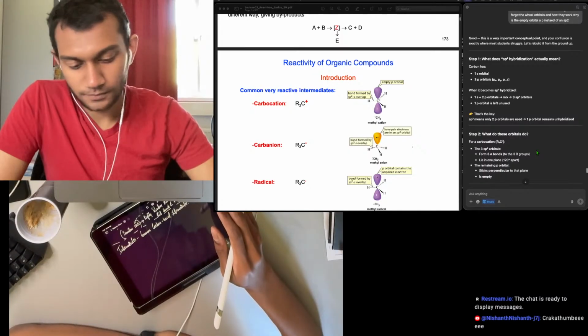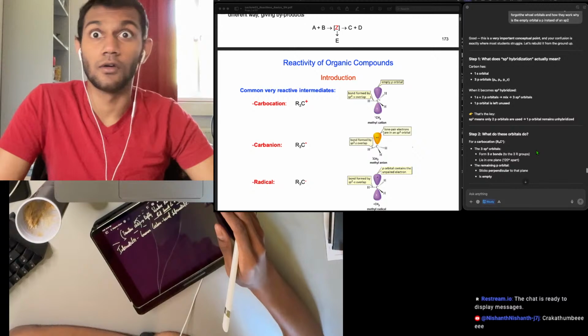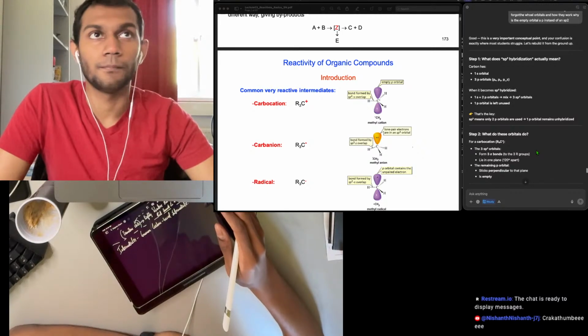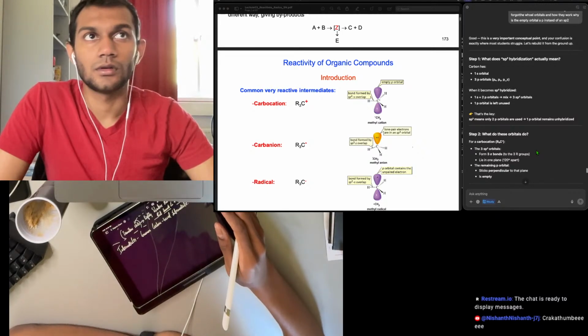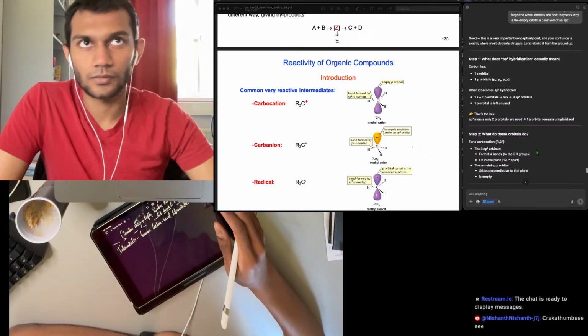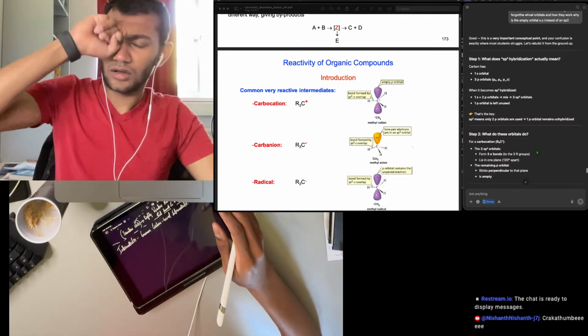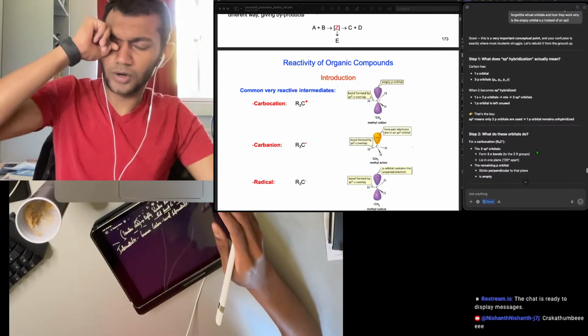Oh man, after tomorrow, I gotta head straight to work. Intermediates, common carbon-based intermediates. Yeah. How you doing, brother?